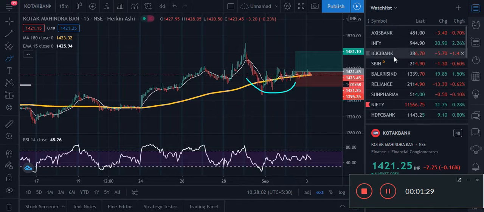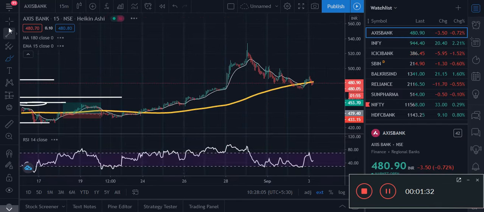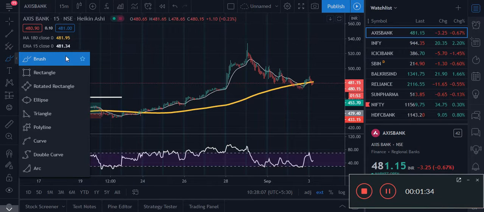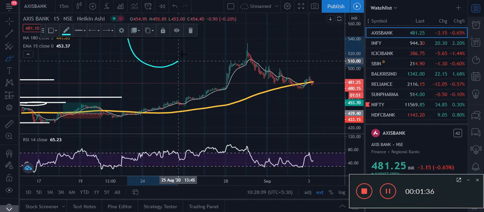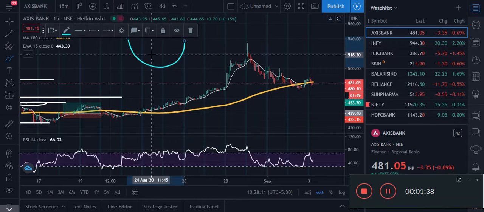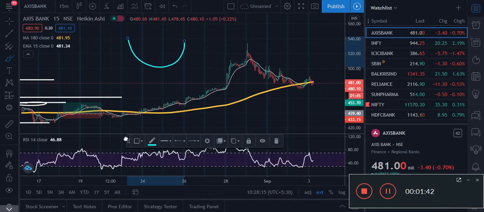I am basically talking about a formation like this, a U-shaped formation or a cup formation that happens almost every time in the market.